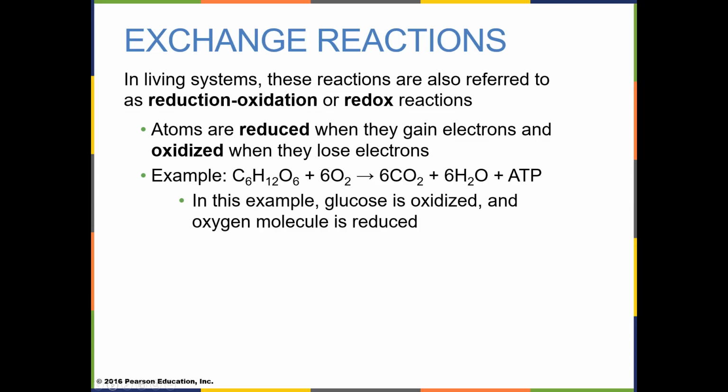Now, why is this important to us? Well, we're more concerned with the oxidation side of things because when things get oxidized, they're going to release energy. The process of breaking down the food we eat is an oxidation reaction. We break apart the large molecules of the carbohydrates, for example, and we release the electrons and we release that potential energy.